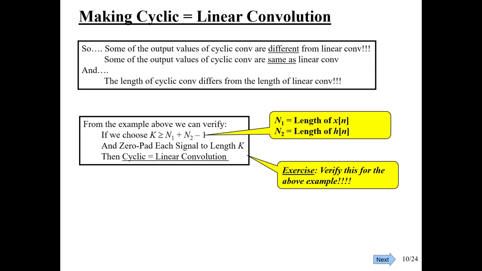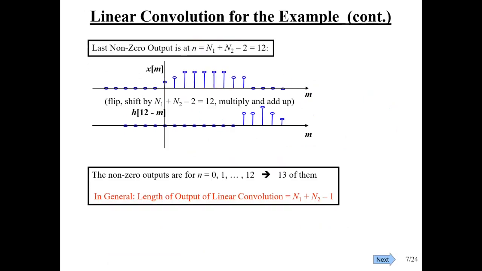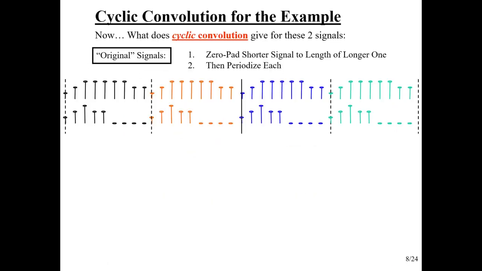But if we choose n1 plus n2 minus 1, remember that's the actual length of the linear convolution that we expect. So if we pick a number k that's at least that big, it's going to be an integer, and then we zero pad each signal out to that length. So let's go back to where we did our zero padding for the circular convolution. Here we zero padded the shorter signal to the length of the longer one.